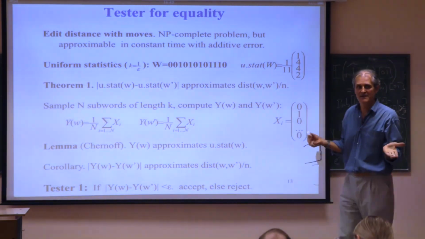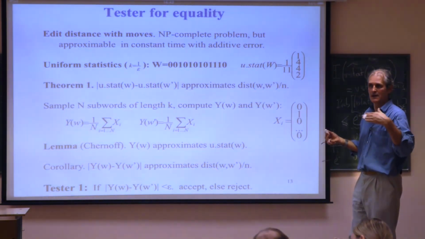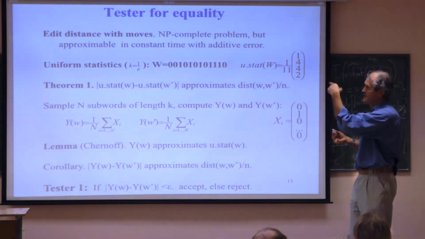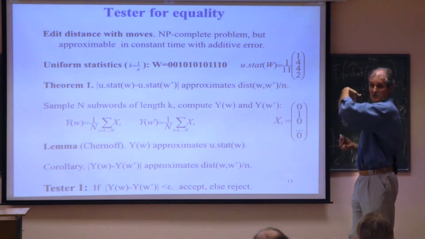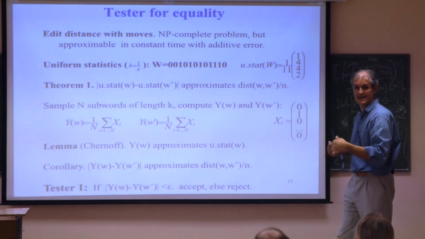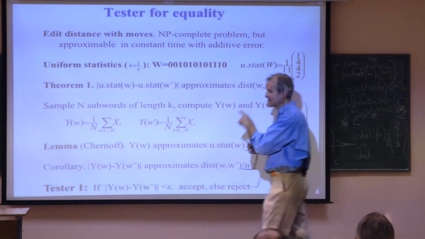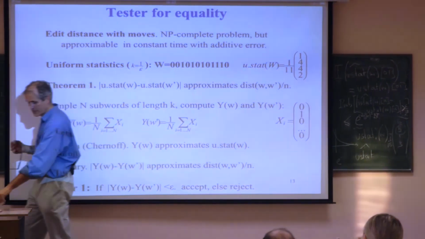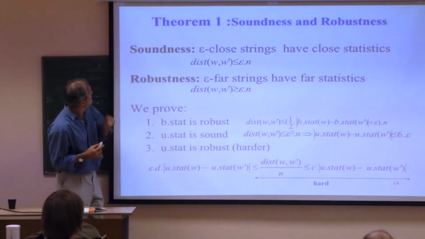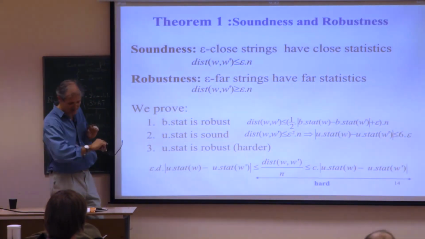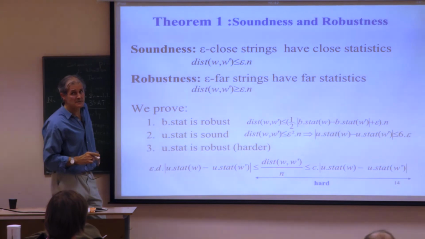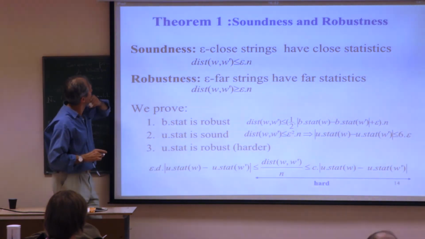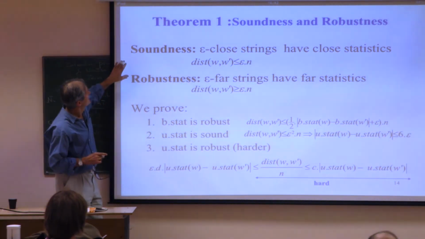So that explains why, if you want to generalize this to edit distance, you have to use powers of the Ustat. So let's now stick to proving this. And this is, of course, the non-trivial operation. So let's get into details.